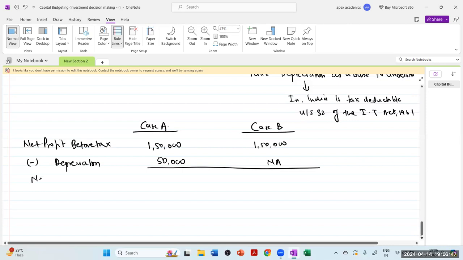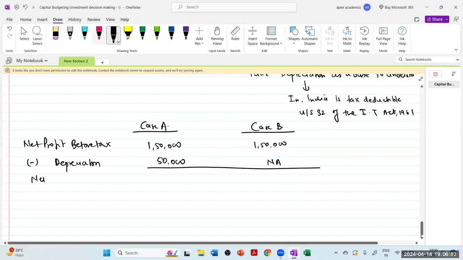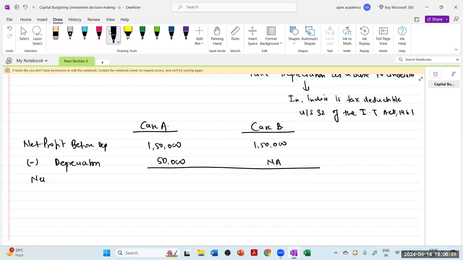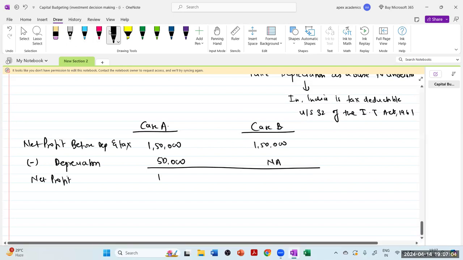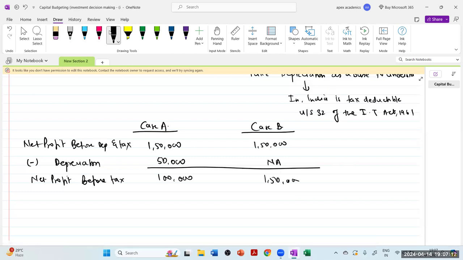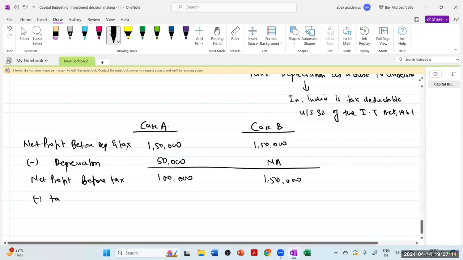Now, what will be your net profit before depreciation and tax, so that in both places I don't want you to get confused. What is this? This is net profit before tax. Minus tax at the rate of 30%.